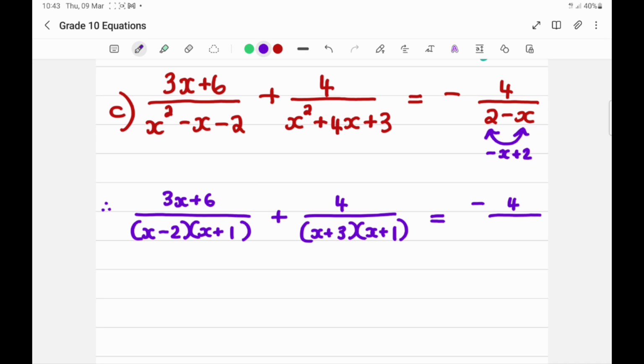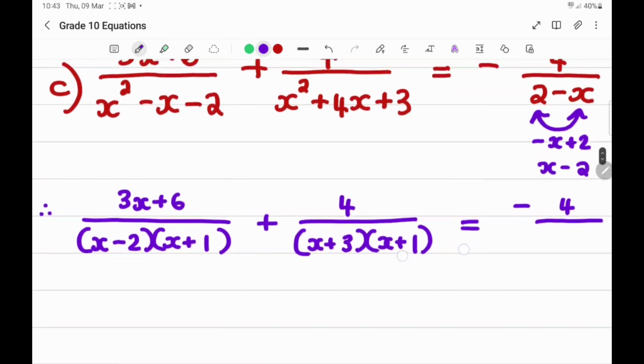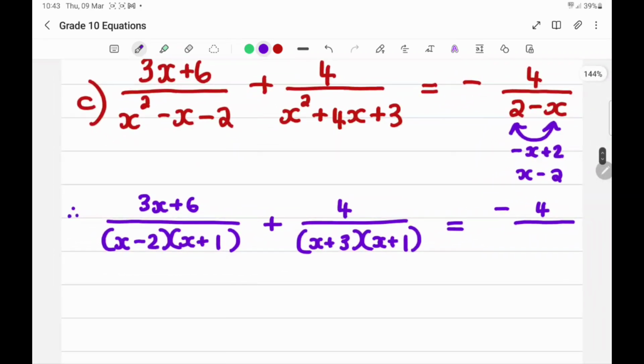Oh yeah, sorry. If you have a look here, if I can somehow manage to change the signs to an x minus 2, if I change the signs, then I will have the same bracket as there. So I'm going to take out a negative, and a negative times a negative will give you a positive.